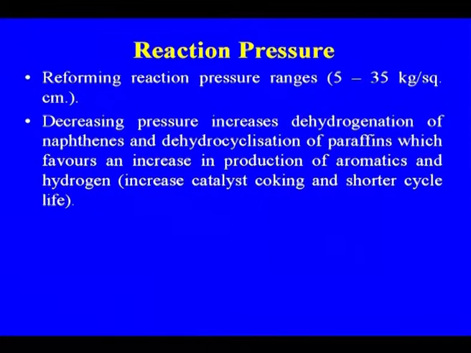Reaction pressure, this is the pressure you normally maintain. Decreasing the pressure increases the dehydrogenation of the naphthene and dehydrocyclization of the paraffins, which favors an increase in the production of aromatics and hydrogen, but increases catalyst coking and shortens cycle life.